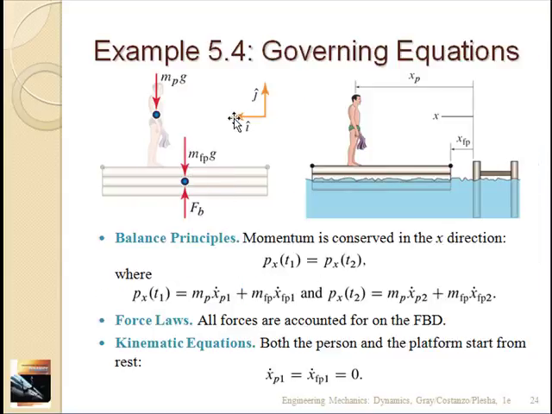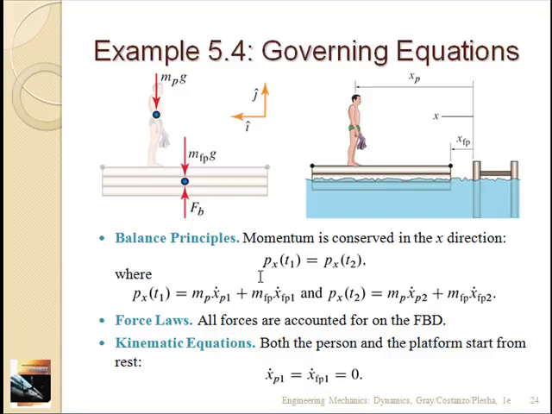So here it is. We set up this little coordinate system, x positive to the left, y vertical. We let xp be the distance from the pier to the person, fp be the distance from the pier to the platform, and we conserve momentum.